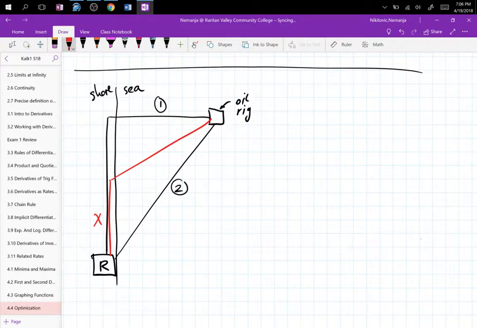Now let's just set up some scenario, and then if you are interested, you will complete the problem. So let's say that this distance over here is, I don't know, 5 miles.